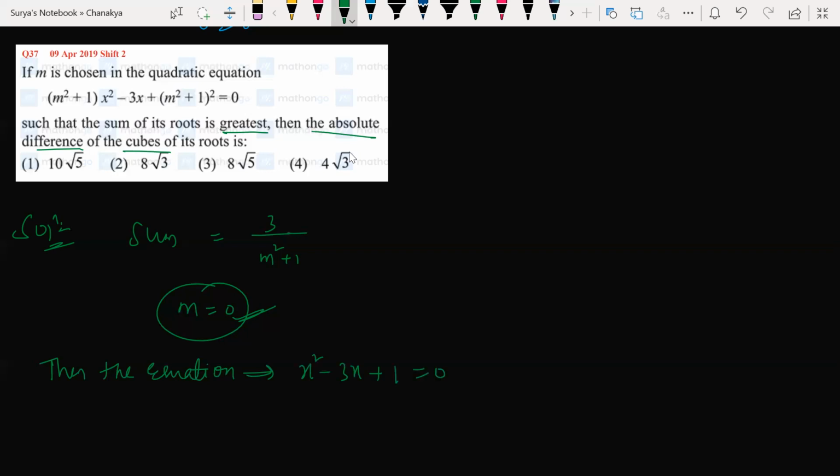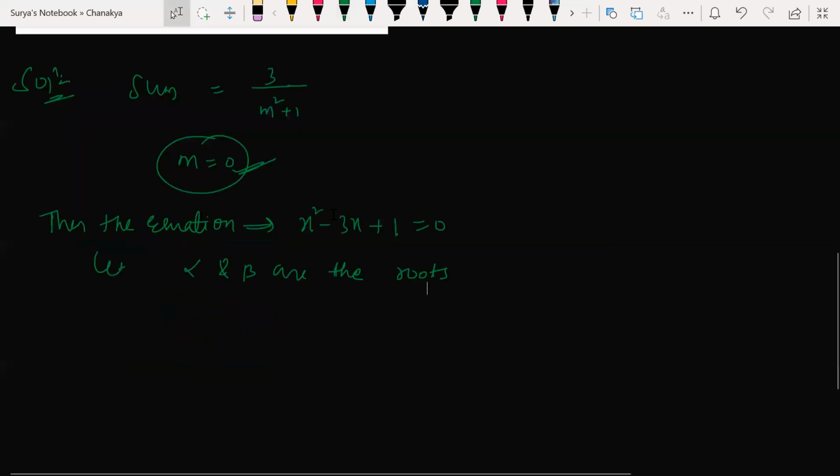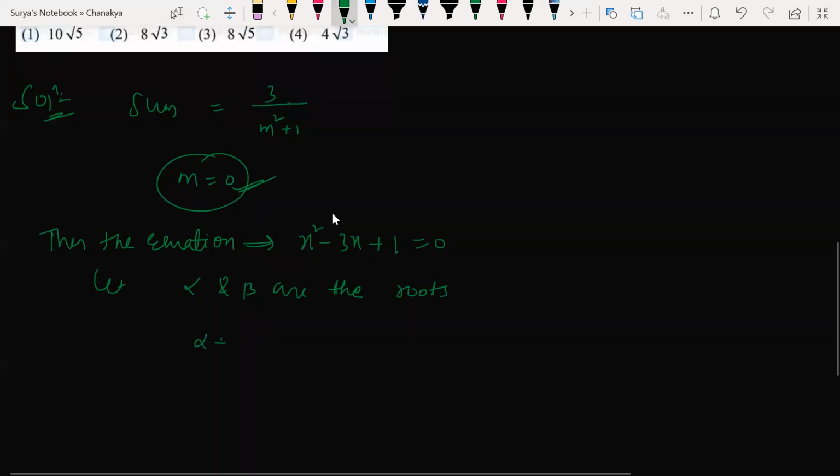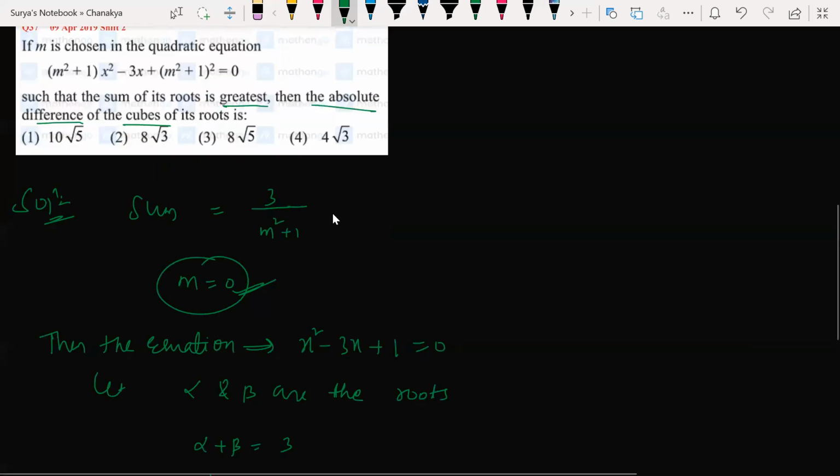Correct? Now let alpha and beta be the roots. Then alpha plus beta is 3, and alpha beta is 1. What has he given here?